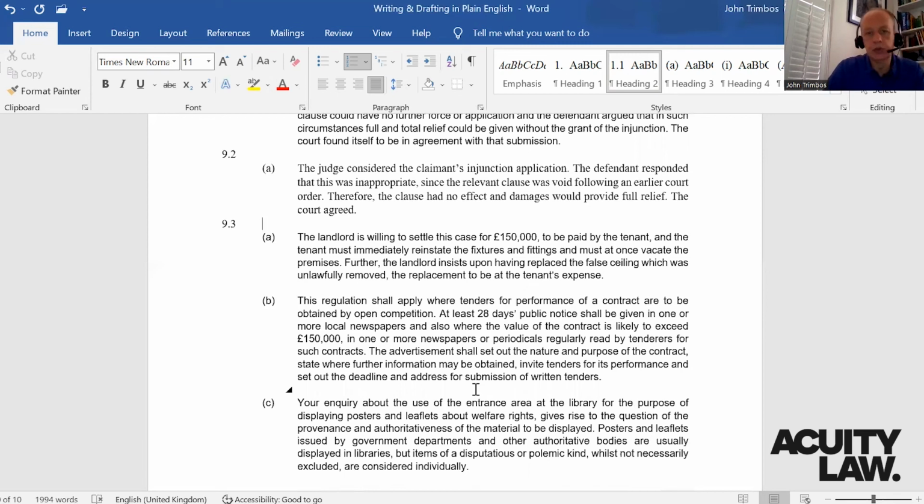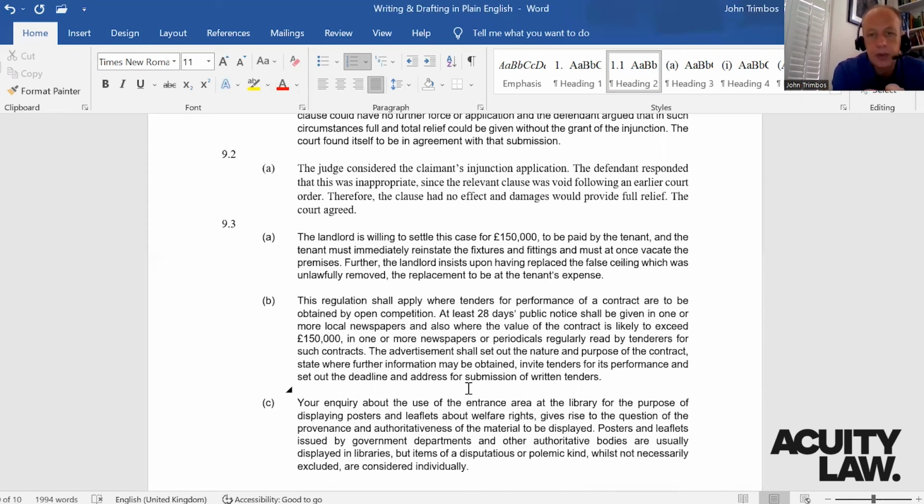So the landlord is willing to settle in return for, and then there are 4 items, and the urgency applies to items 2 and 3 because it says the tenant must immediately reinstate the fixtures and fittings and must at once vacate the premises. So immediately, at once, forthwith, like now. And because we are nudging into legal drafting territory, I would use consistent language.